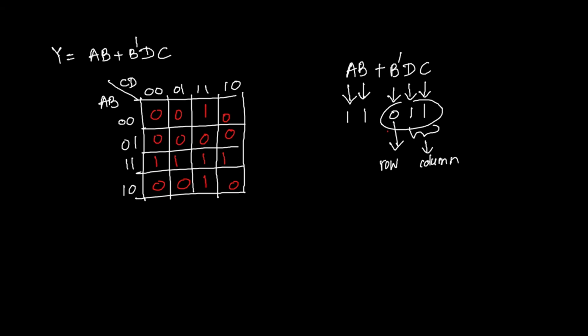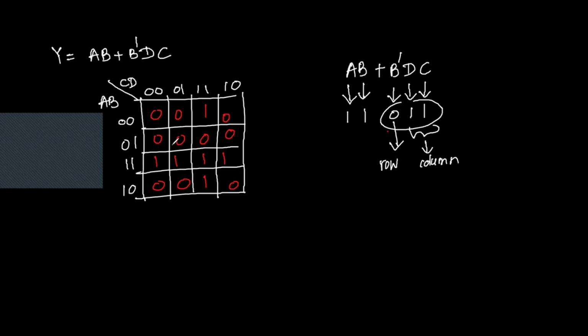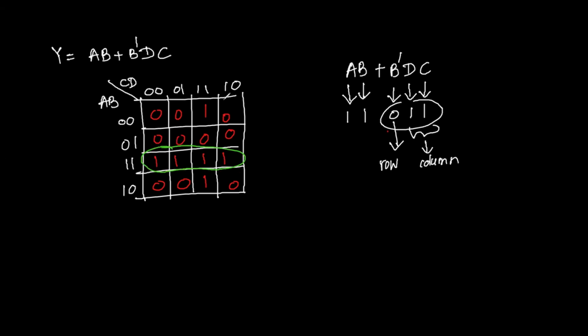Just to give you a heads up on how you can do this, you can group these fours together and you can group this particular one and this particular one together. This is going to give you A, B, and this is going to give you B prime, D, and C. So this is how you tackle Boolean expressions for the development of K-maps. Easy as that.